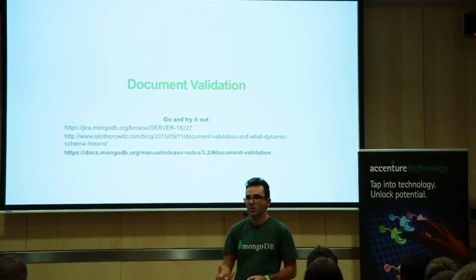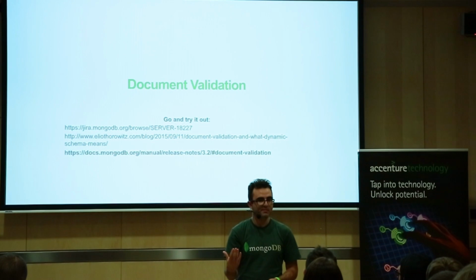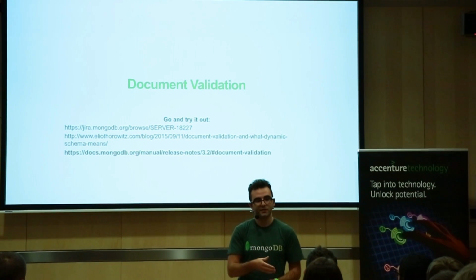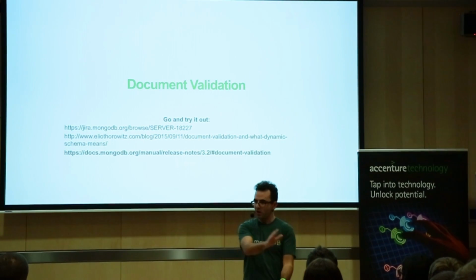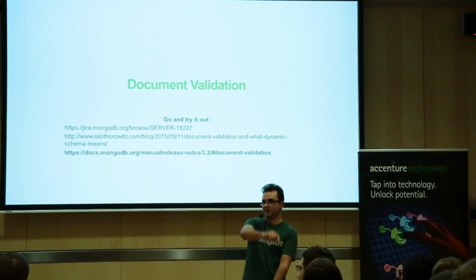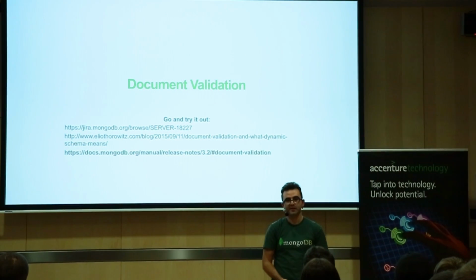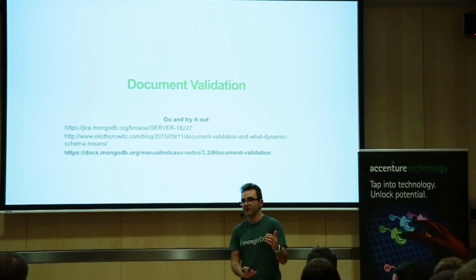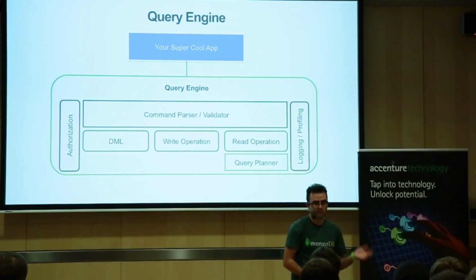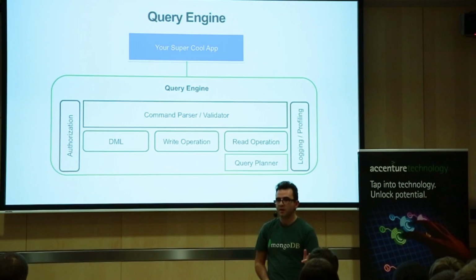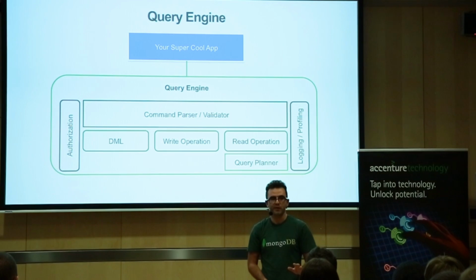So it will give you a much stronger guarantee, validating that even though you have a lot of flexibility in your schema, you actually can impose certain rules on the server side to avoid, not you guys, you are always doing the right thing, but your colleagues, the ones that are in the 20% and think they are in the 60%, those guys that not all the time know exactly what they're doing, they will be restricted by the schema validation on the server. Okay, so you send a query, a package with an operation, can be an insert, can be a find, can be aggregation work, whatever you say it is.